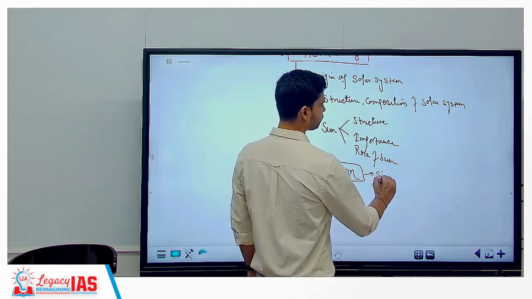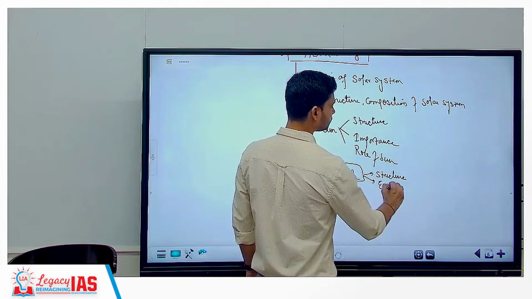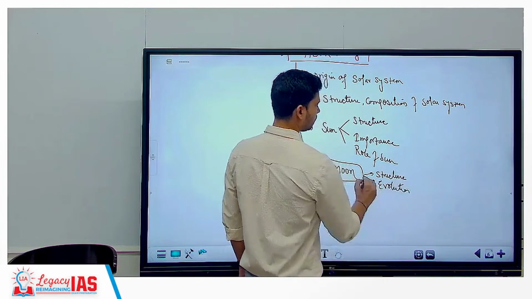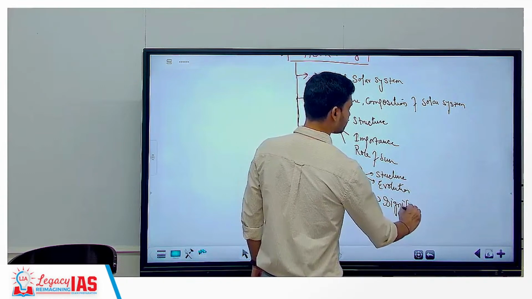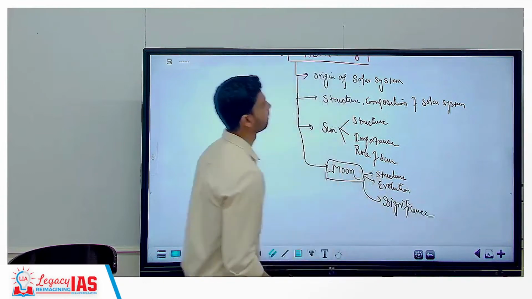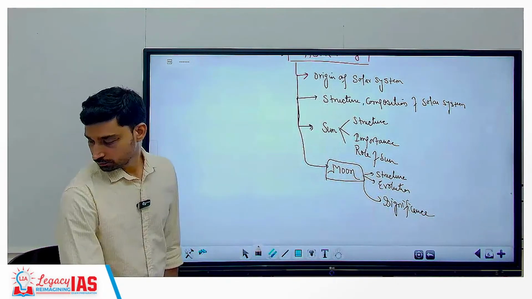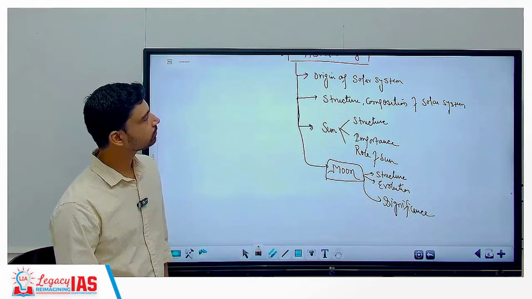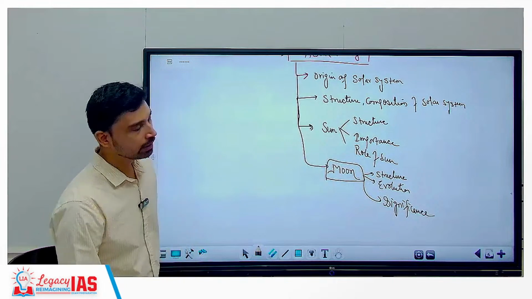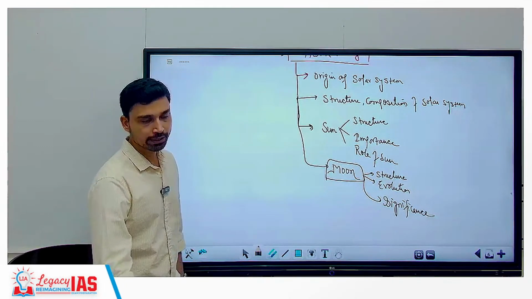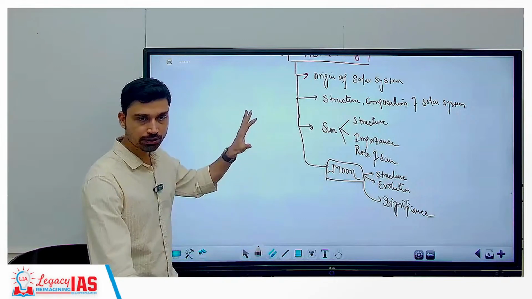Same thing: structure, evolution, and significance of the moon, especially for Earth itself. Origin of solar system, structure, composition of solar system, structure, importance and role of sun, structure, evolution and significance of moon. After we are done with this, then we will move to the Earth and study whatever topics we have discussed there.